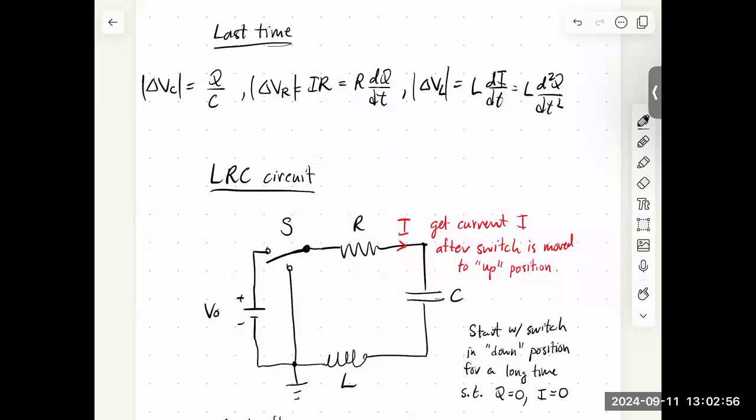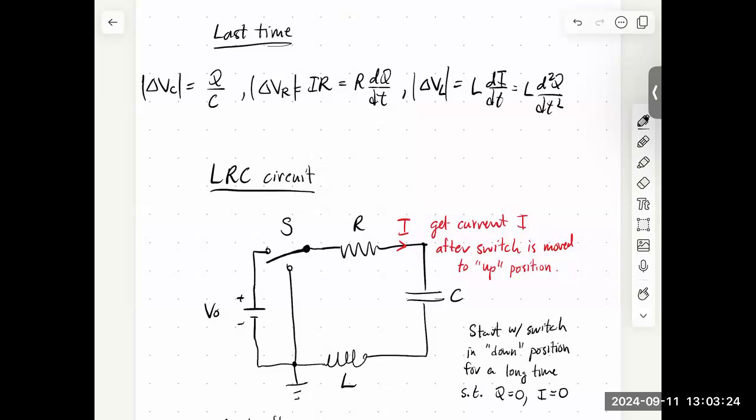What I want to imagine is we put the switch in a down position for a long time. If the capacitor had some charge on it, that charge will leak off towards ground. We wait a long time, the capacitor completely discharges, and when the charge is completely gone, there will be no current in the circuit. So that's our initial condition.